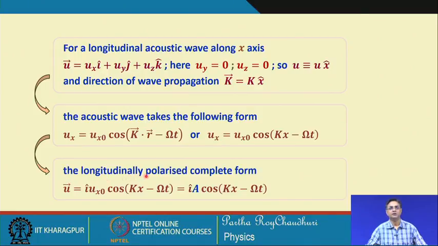For the longitudinally polarized complete waveform, we can write this equation in a simpler way, where we have replaced this by the amplitude A and the cosine of this argument.